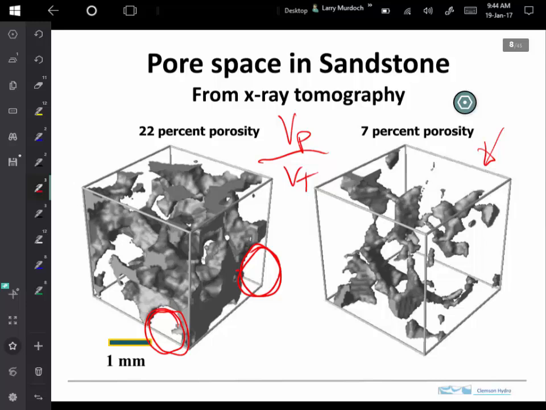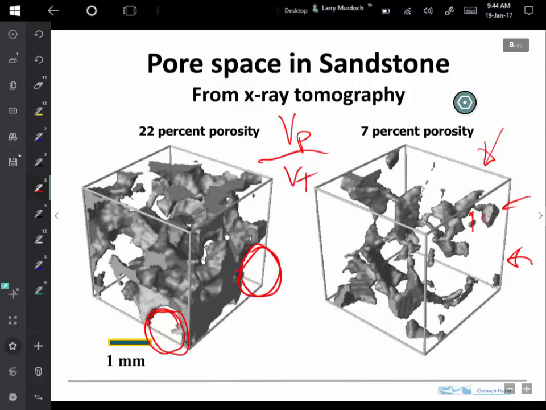As you reduce the amount of porosity, obviously there's less pore space, but also what you see is that the pores, like look at this one right here. So there's a pore, it's fairly decent size, but it necks down to a very small neck.